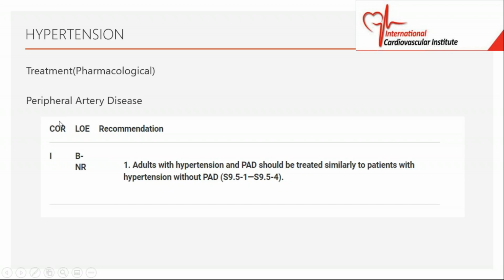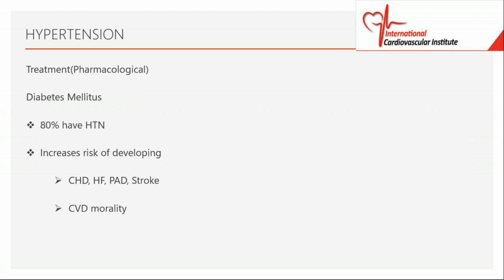So patient with peripheral artery disease, so patients who are evaluated, they have a blockage in one of the leg vessels. You treat them just like any other hypertensive individuals, nothing different. You're diabetic. So diabetes is a special category because risk factors for coronary artery disease not only include hypertension, but diabetes mellitus, cholesterol, and all that sort of stuff.